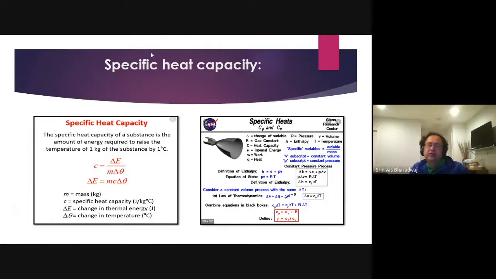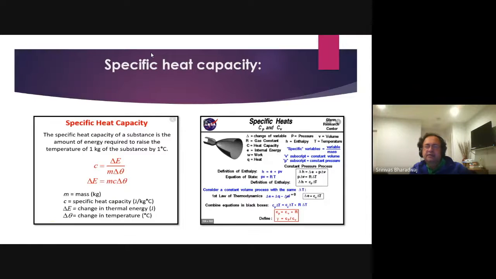Now P delta V, as we know, is R delta T. Therefore, you end up with delta H equals Cp times delta T, and delta E equals Cv times delta T. So Cp delta T equals Cv delta T plus R delta T.